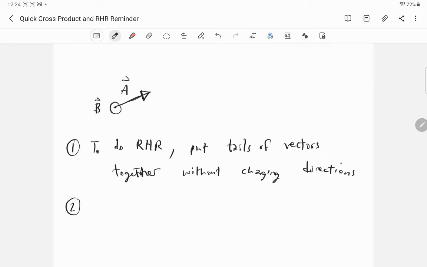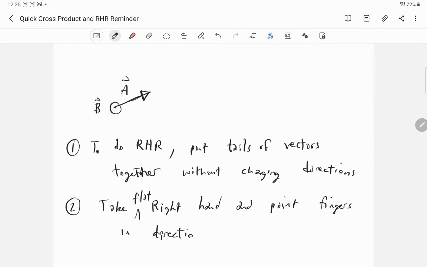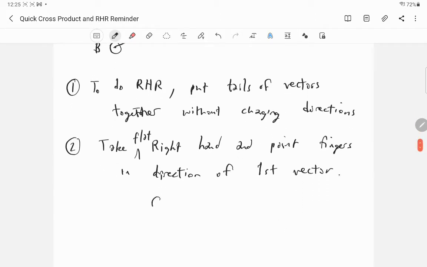The second step is to take your right hand, so actually let me take a flat right hand and point the fingers in the direction of the first vector. For us, since we want to calculate A cross B, the first vector is A, right?